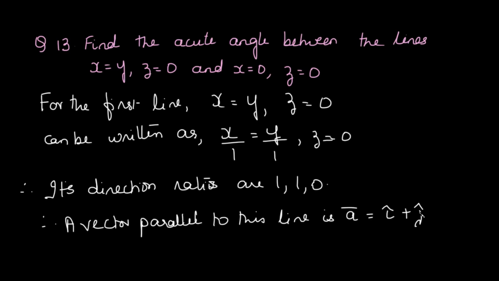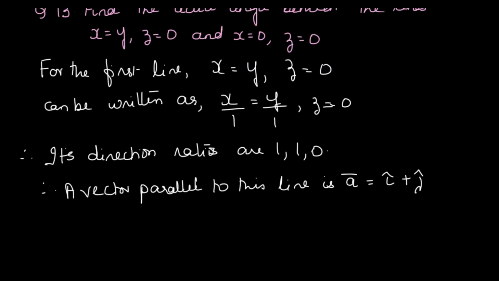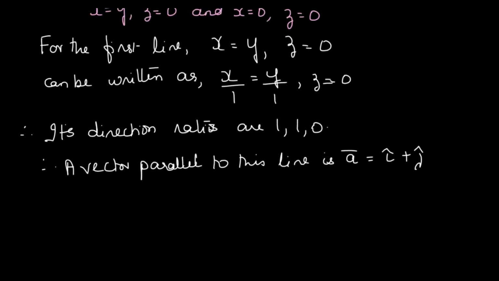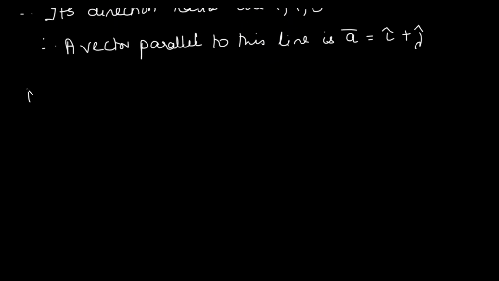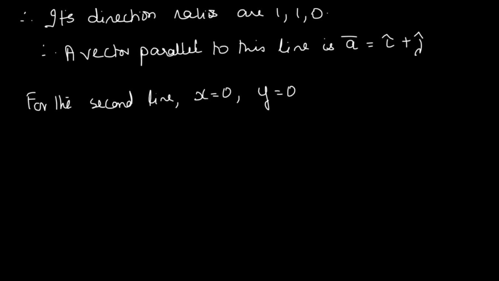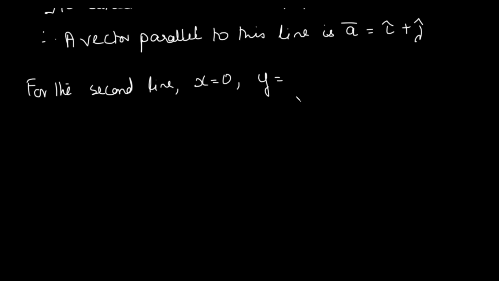Then for the second line, the equations are x is equal to 0 and z is equal to 0, as you can see over here. That means it is nothing but the y-axis.